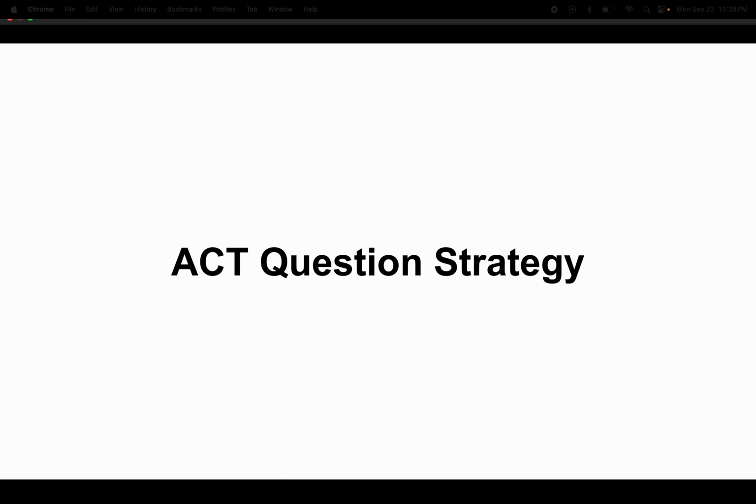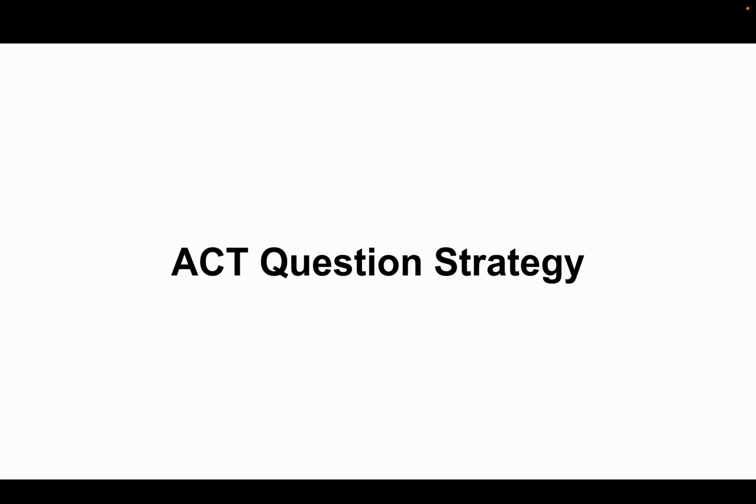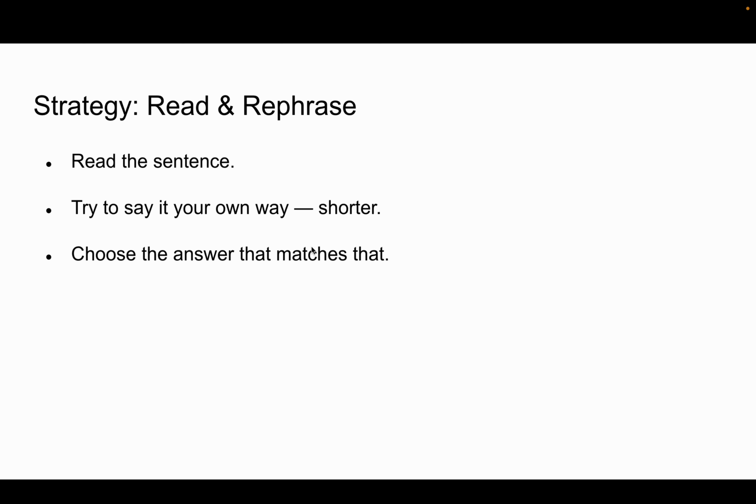There are some strategies here. The way to see a question and know whether you need to trim some words is to read the full sentence and not just the underlined part, and then say the idea to yourself in a shorter way.